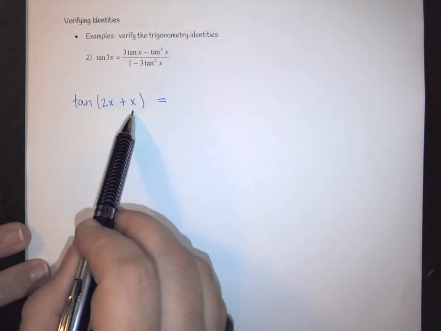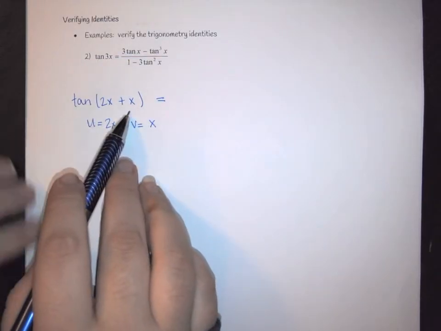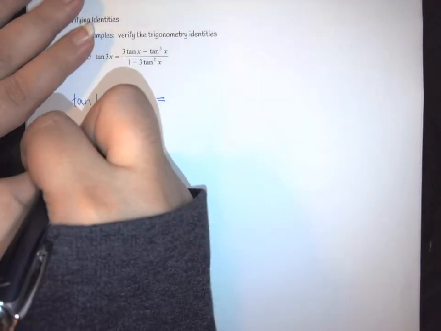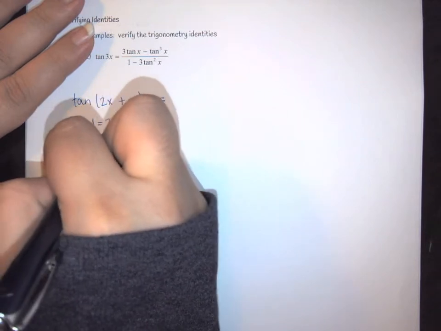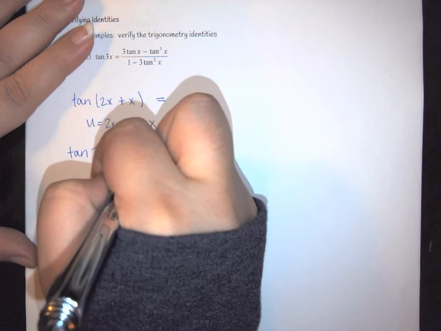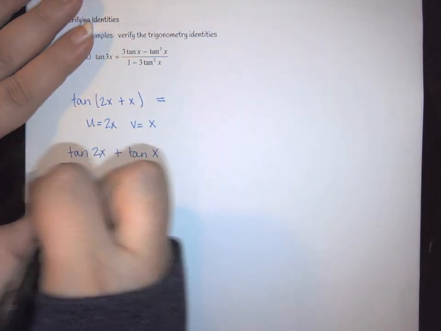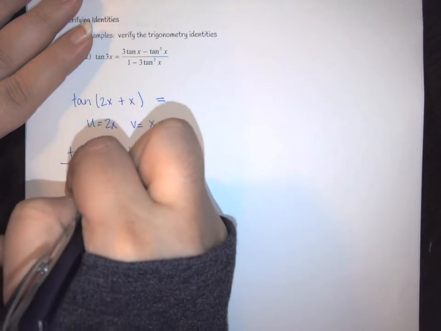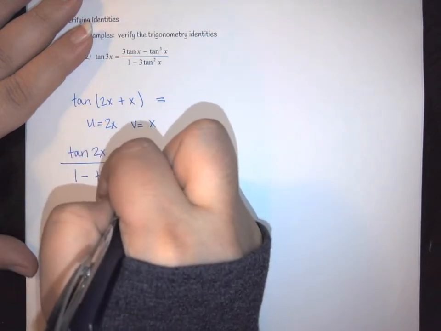So I'm going to expand this. One of the things I have to remember is that I have just stated that u is going to be my 2x and v is going to be my x. And I'm using my sum identity for tangent, which says I'm going to have the tangent of u, so 2x, plus the tangent of v, so x, all over 1 minus the tangent of u, which is 2x, times the tangent of v.